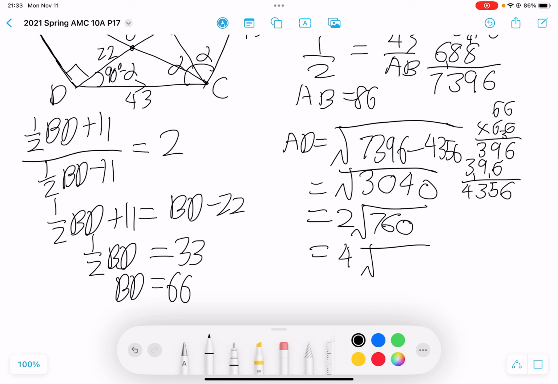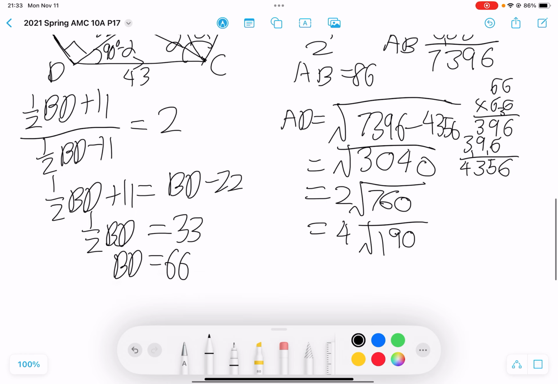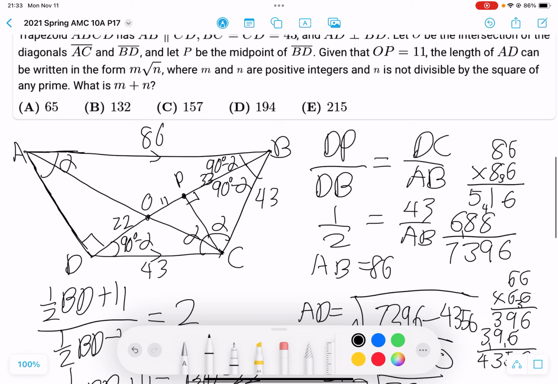So you have 7 divided by 4 is 1, and then you have remainder 3. 36 divided by 4 is 9, so 190. 190 is 19 times 10, which you can't simplify more. So we have 190 plus 4, which is 194 as our answer. Now that's just D. Okay.